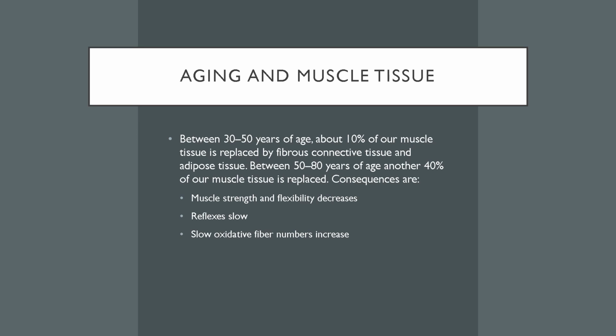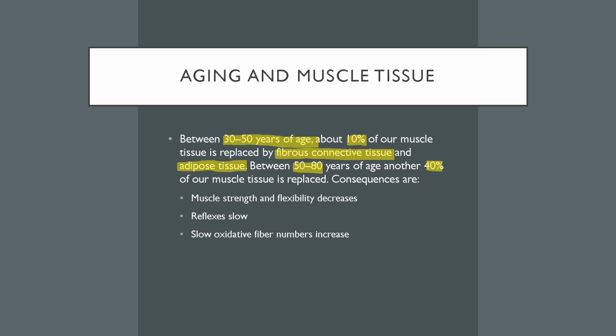Now, just like the other tissues and systems of the body, aging has an effect on muscle tissue. So between the ages of about 30 to 50, about 10% of our muscle tissue is replaced by fibrous connective tissue and adipose tissue, or fatty tissue. Between 50 to 80 years of age, another 40% of our muscle tissue is replaced.